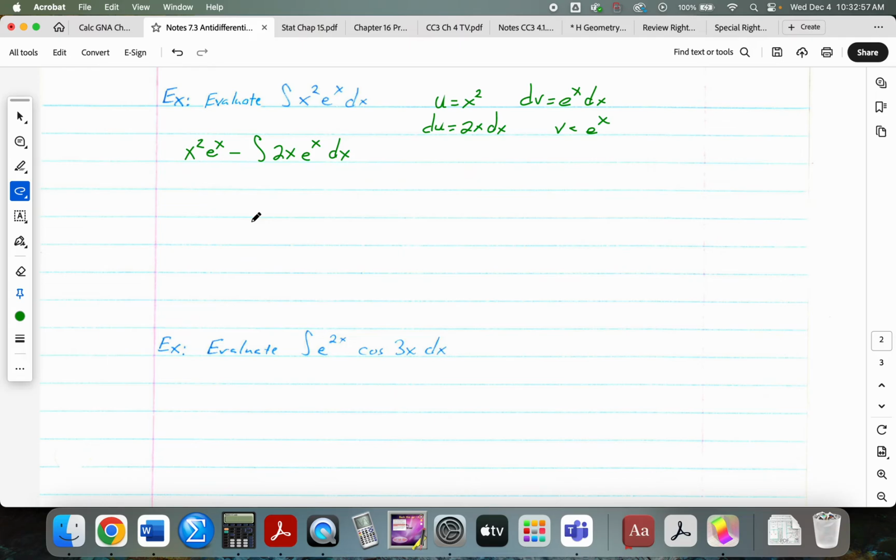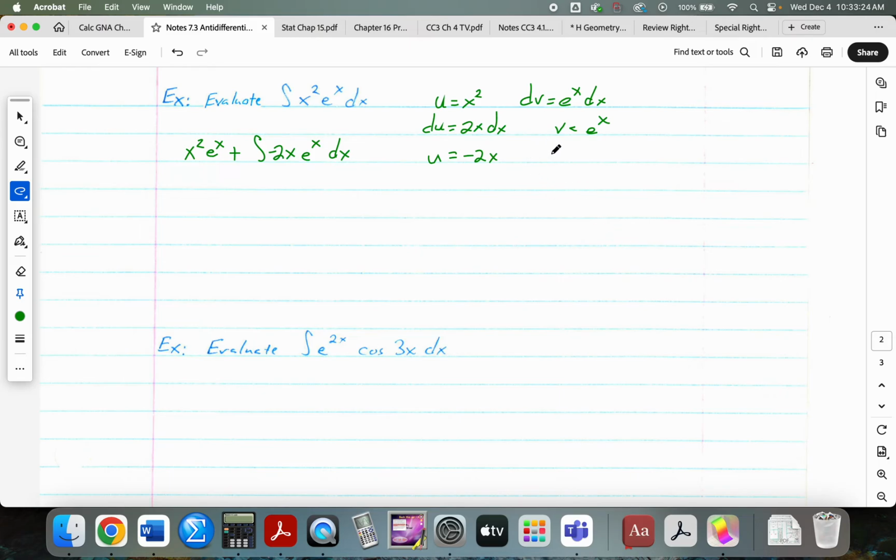I try to minimize mistakes with signs because I make them all the time. So what I actually do is at this point I go, okay, I'm going to have to do this again. I'm going to make this plus a negative 2x e to the x. And when I designate my u, I'm going to make it negative 2x. So I don't have to worry about distributing later. Again, you can if you wish.